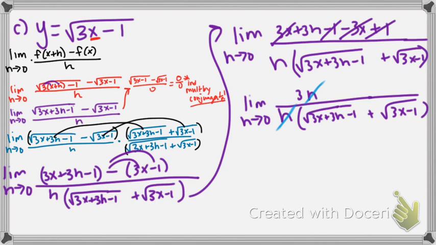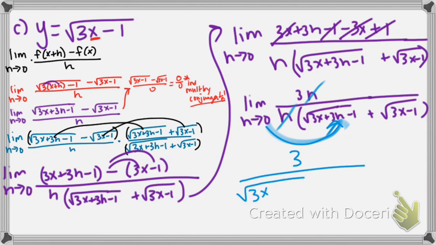I have a brand new limit. So I'm going to sub in h equals 0 again. And there's really only one spot left that has an h in it. So 3 over radical 3x plus 0 minus 1 plus radical 3x minus 1. So I have radical 3x minus 1 plus radical 3x minus 1.